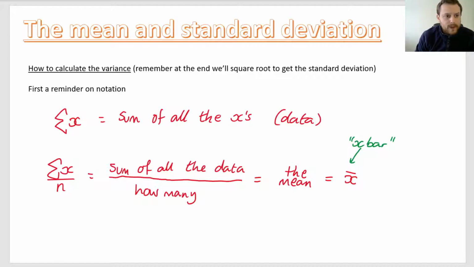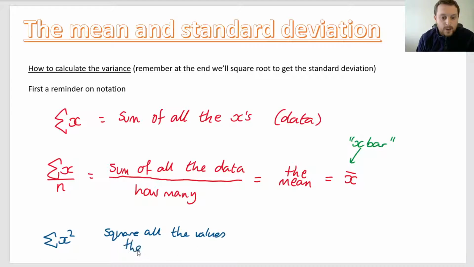Right. And so one other thing, I'm just going to say it here, even though I'm not going to directly use it just yet. If I did something like this, the sum of all the x squareds, it means square all the data, all the values, square all the values, then add them all up.